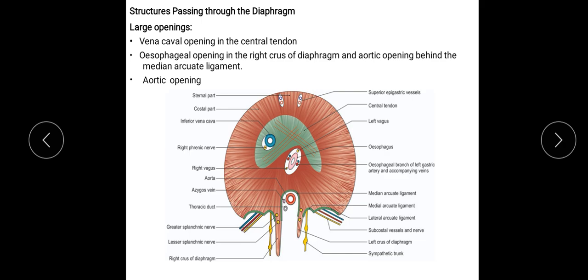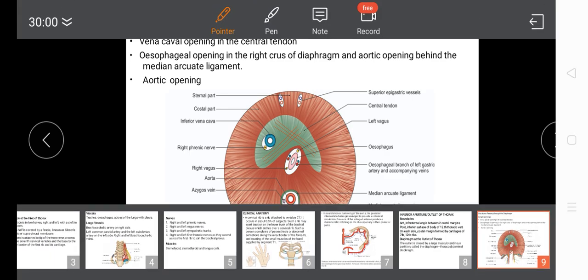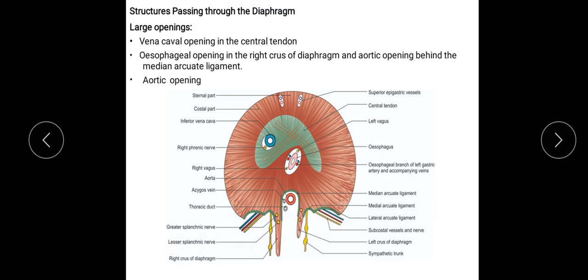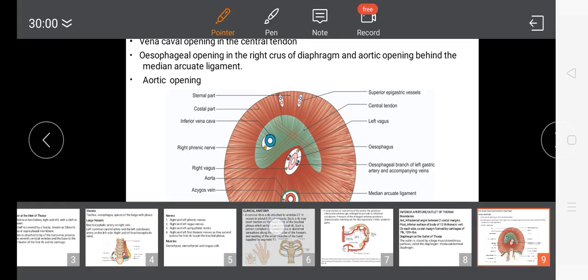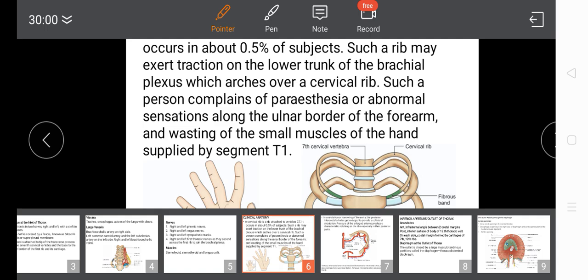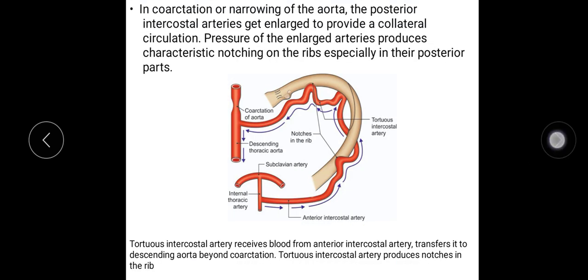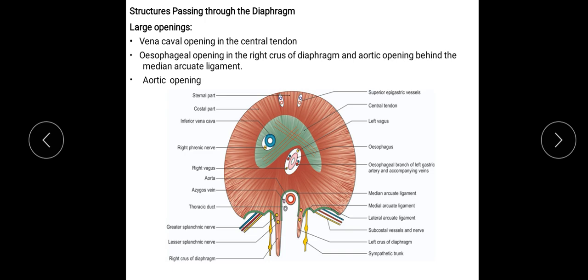There are numerous small openings in the diaphragm, such as for the passage of the superior epigastric vessels, lesser and greater splanchnic nerves, and subcostal vessels.